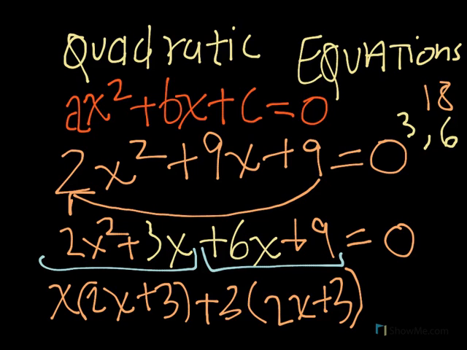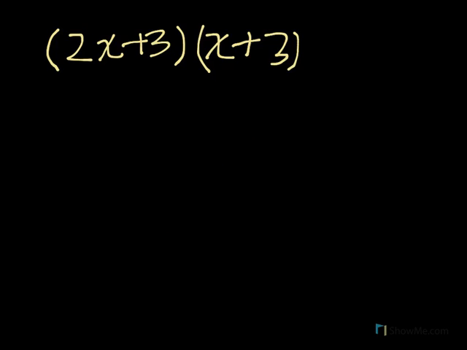It's going to be 2x plus 3 times x plus 3. So now we have this answer, but the question is, why does this way work?